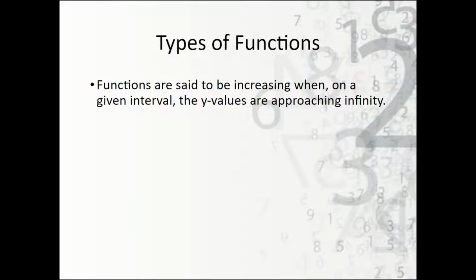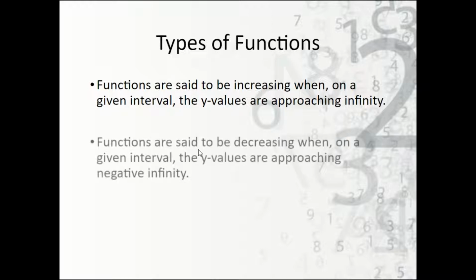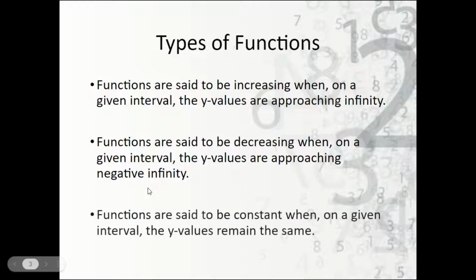If the line or the curve is going up on a certain interval, then it is increasing. Decreasing would be the opposite. As we work from left to right, if the function is going downward, then that is considered to be decreasing. And lastly, if it's not increasing or decreasing, so it's a flat line going horizontally, then we would say that that is constant.